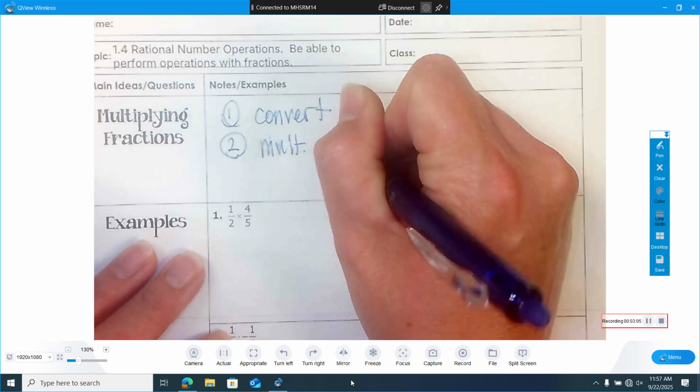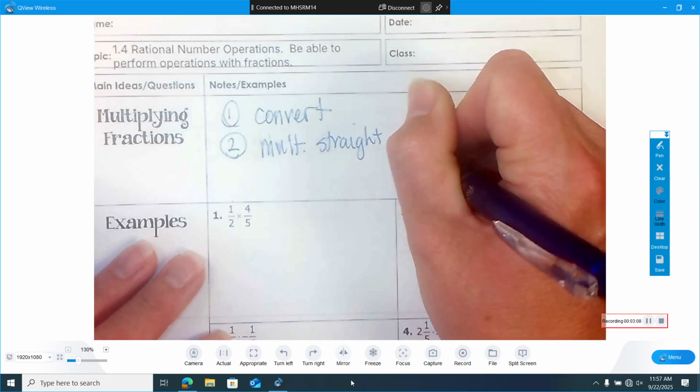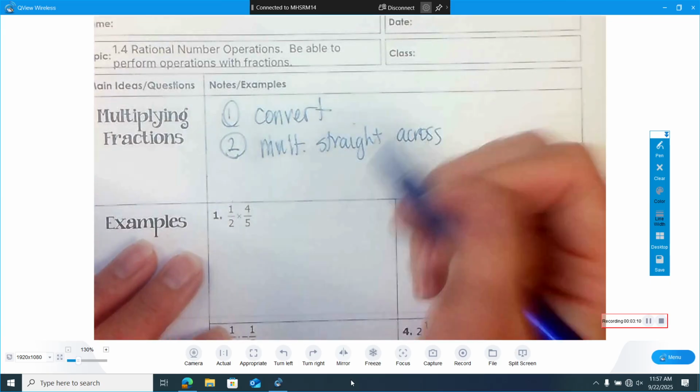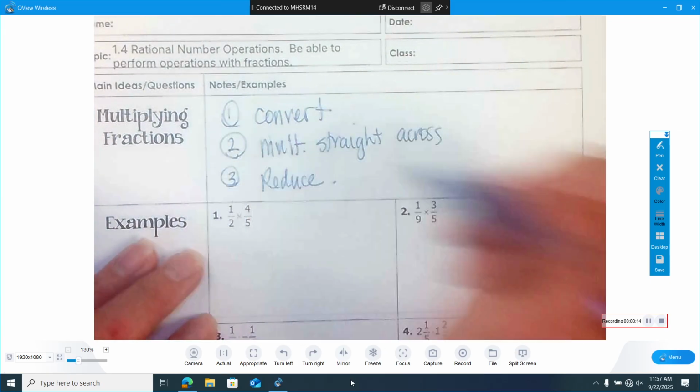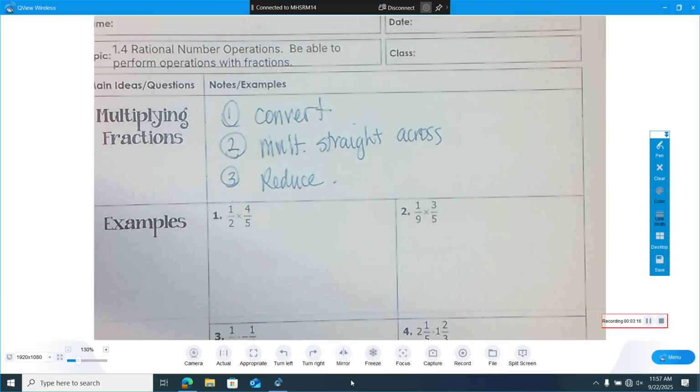Multiply straight across. All right? Then the last step is reduce. And you are welcome to use your calculators, ladies and gentlemen, particularly for numbers that are larger than 12, because you just had to memorize your 12 tables. So if you have numbers bigger than that, feel free to use your calculator.